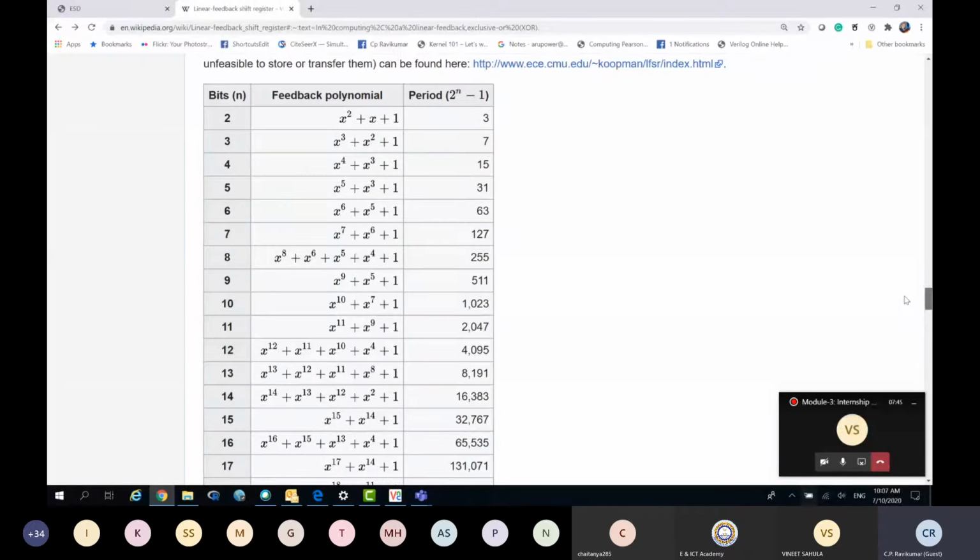And see, here is how you represent the LFSR, right? So here is a simple LFSR which is 2 bits only. So it has 2 bits, n equal to 2. Here is n equal to 8, and here is n equal to 13, and so on, right? So there is an encoding that is sort of represented as a polynomial, right?